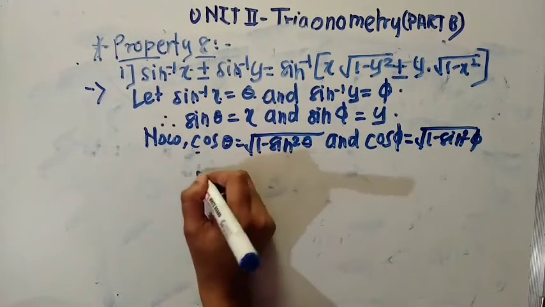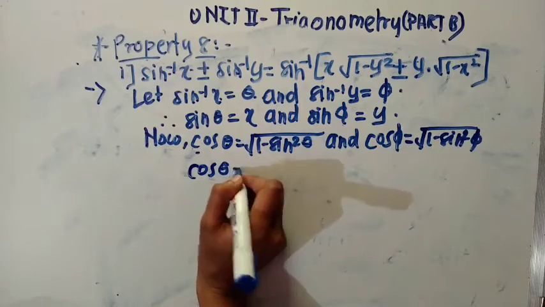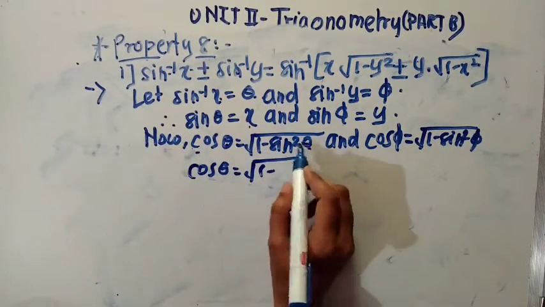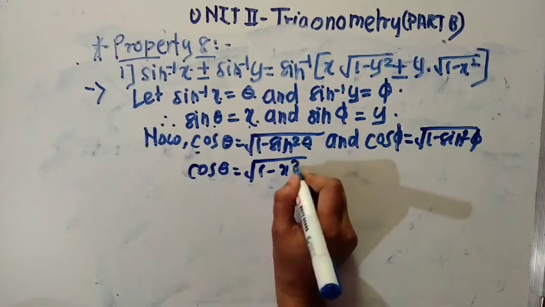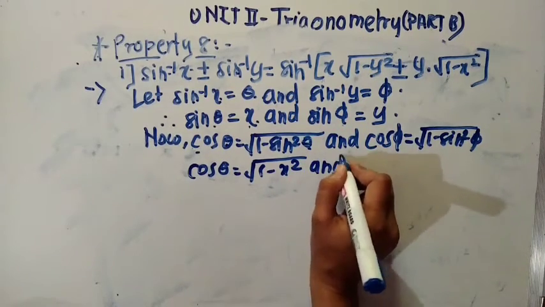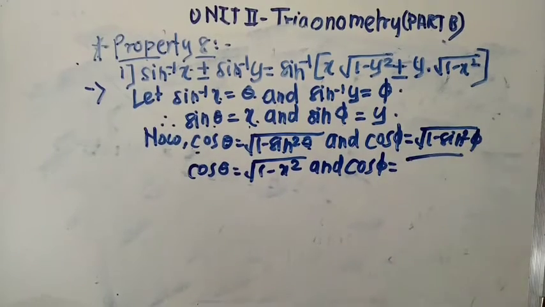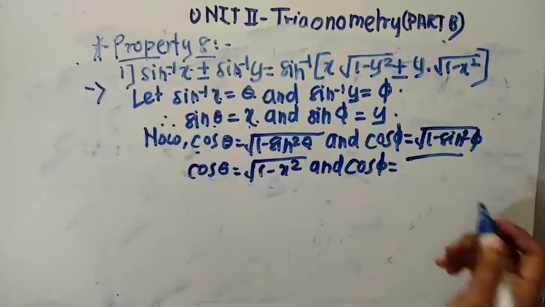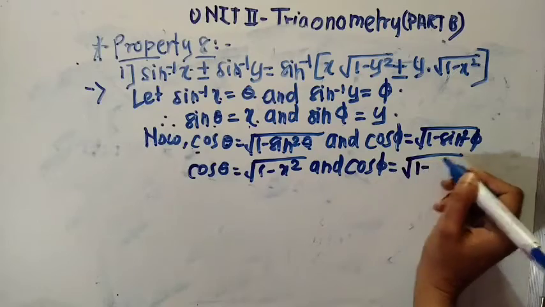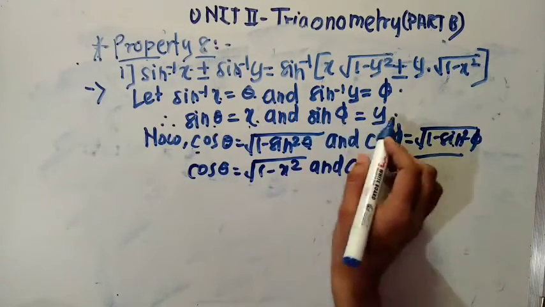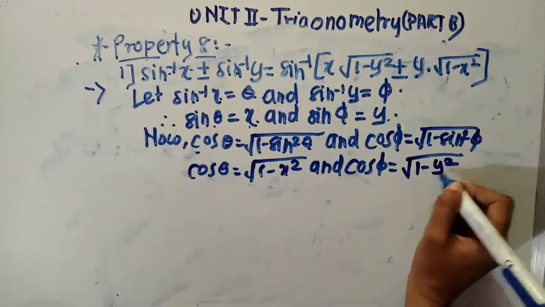Hence, cos theta is equal to root 1 minus sin square theta, which means root 1 minus x square, and cos phi is equal to root 1 minus sin square phi. Sin phi is the y, so root 1 minus y square.